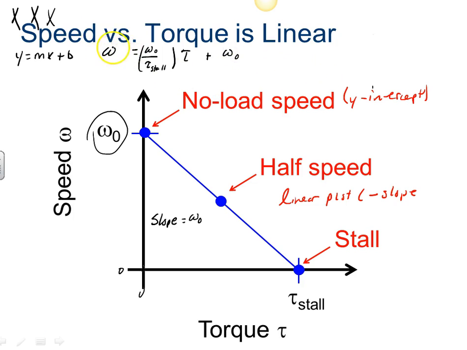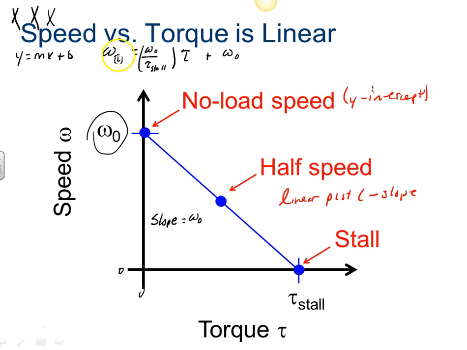So here this omega is omega as a function of tau. When tau has a certain value, this is the omega at that value.